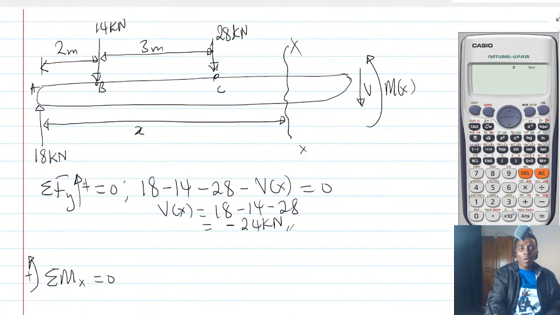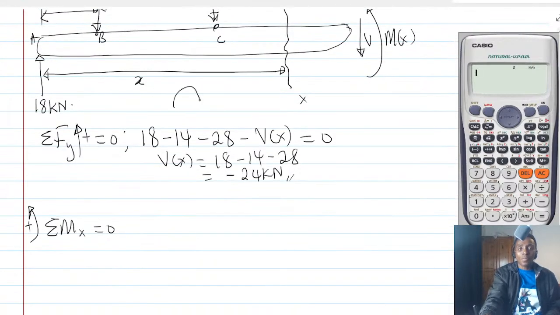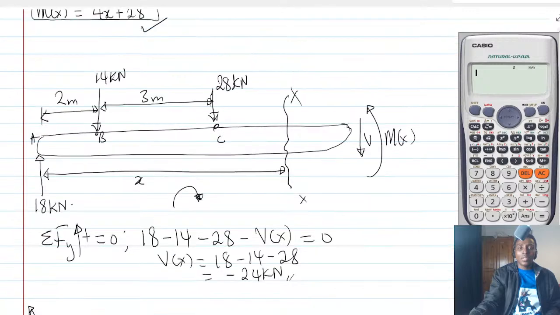So first of all, 18 multiplied by x. But that one is going to go in the clockwise, so minus 18x.